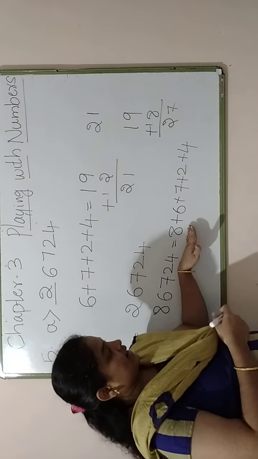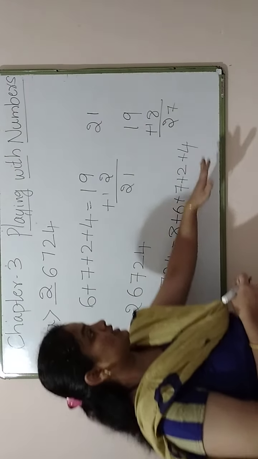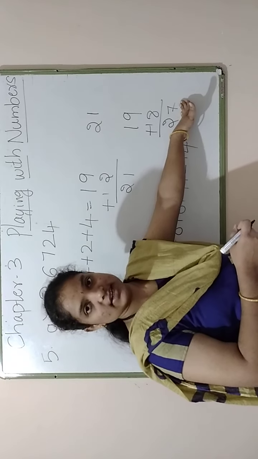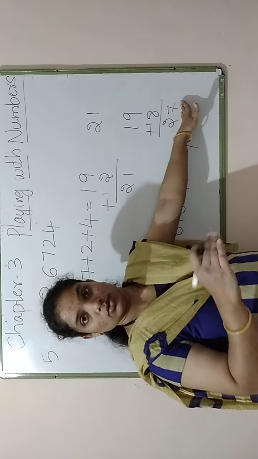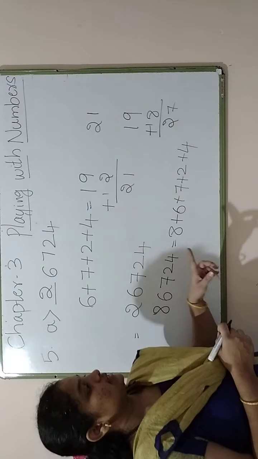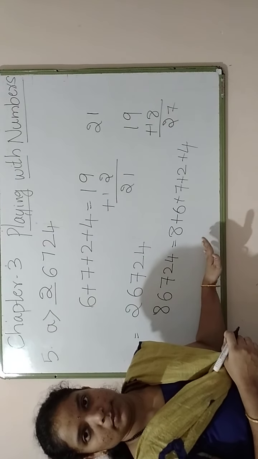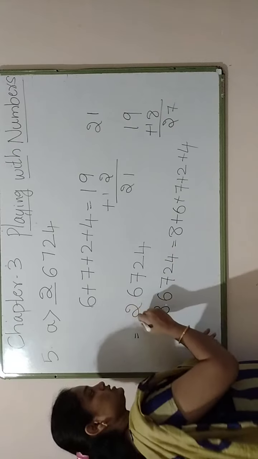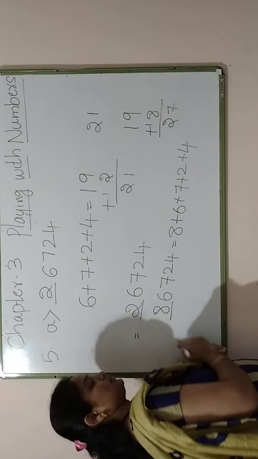So when I add 8, the sum is 27, and 27 is a multiple of 3, since 9 threes are 27, so it is divisible by 3. So we got the smallest number as 2 and the greatest number as 8.